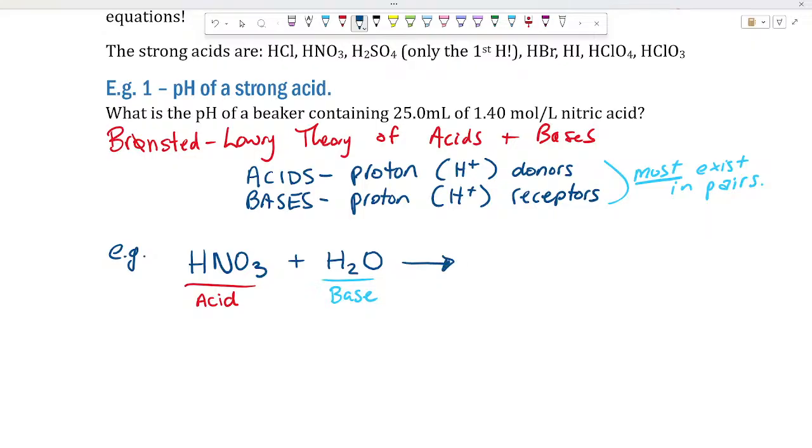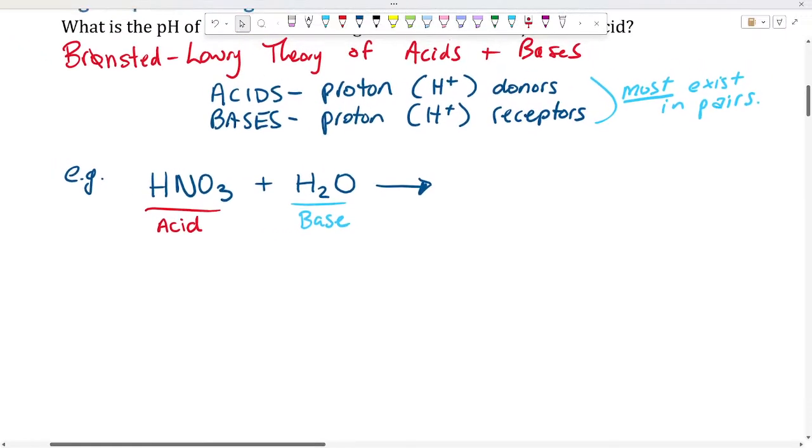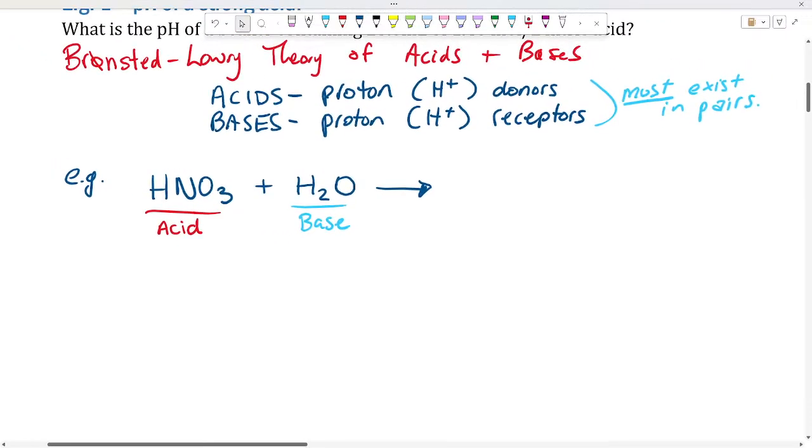But we're going to say that the acid is going to give up its H+. When HNO3 gives up its H+, what will it then be? NO3 minus, with a charge of -1. And then if the water takes the H+, we've only just said the H+ is dissolved in water.